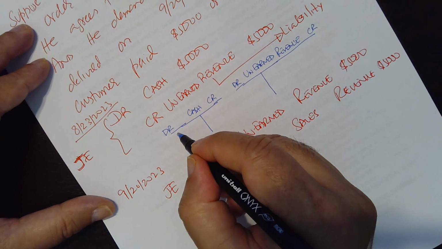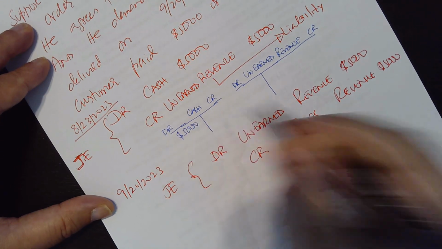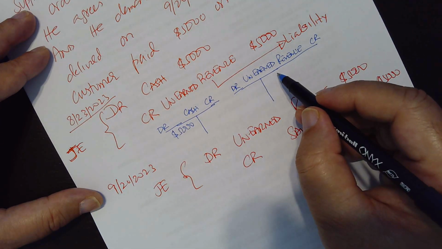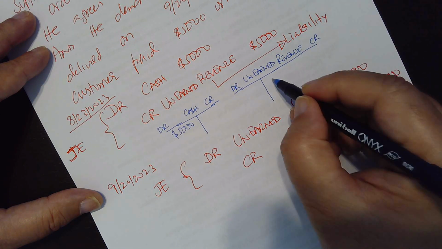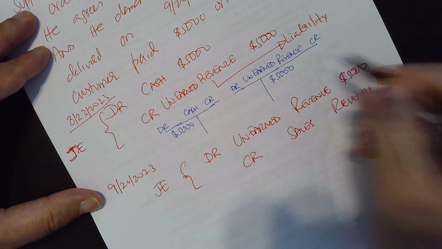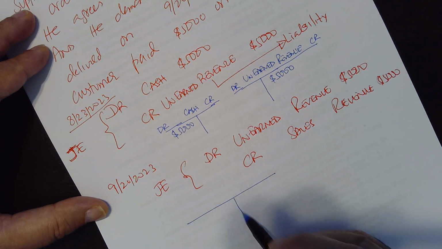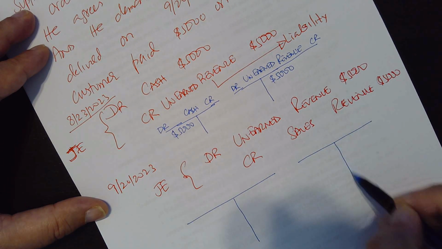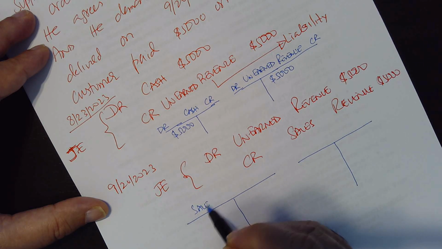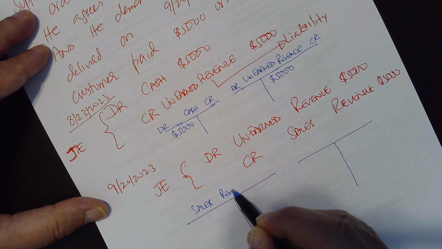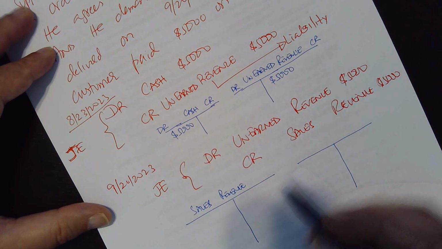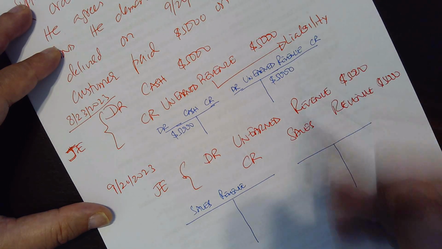You receive the cash, which is an asset, so it's going up $5,000. Unearned revenue, as I said, is a liability. Liability is going up by $5,000. You credited. But what happened on this date? You have two accounts, one is the sales revenue and unearned revenue. So we're going to use it over here.